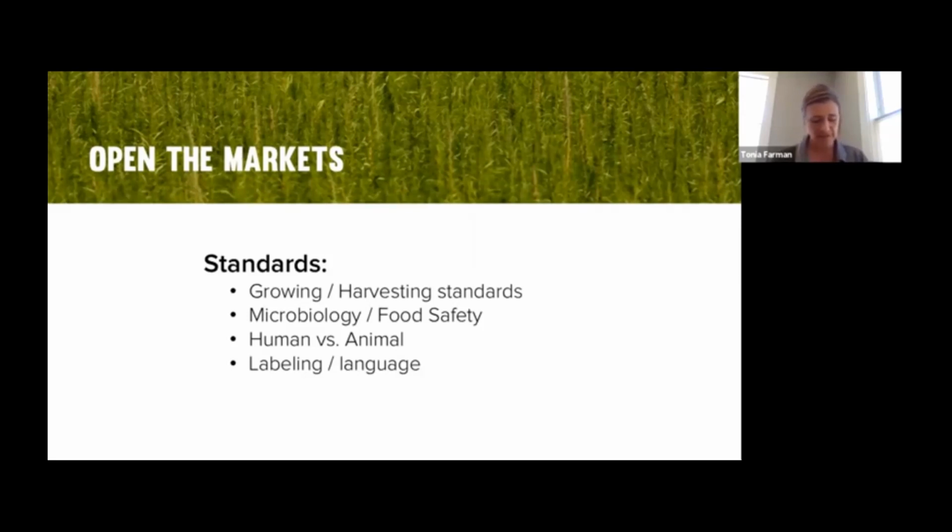Lastly, and I think Bill is probably going to go more into this, but I just wanted to touch on it, was the labeling and the language around hemp. Labeling right now it's a bit rogue, if you will.